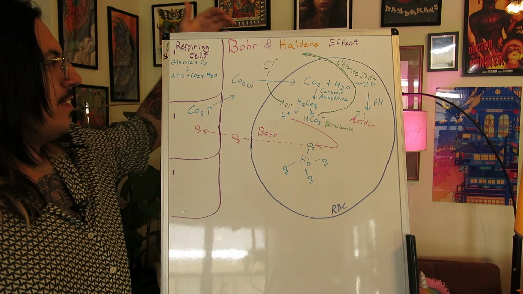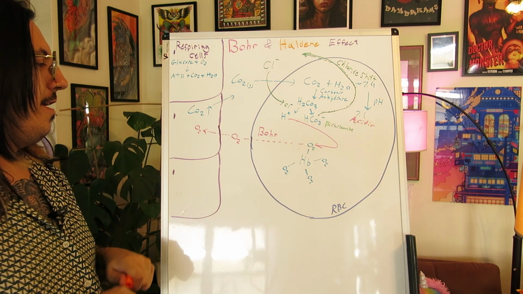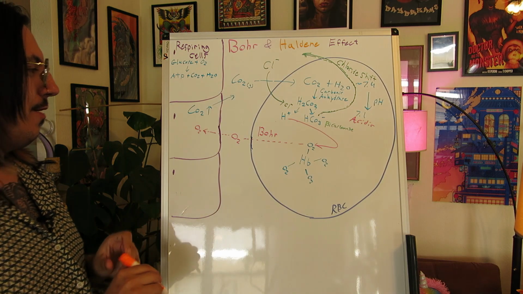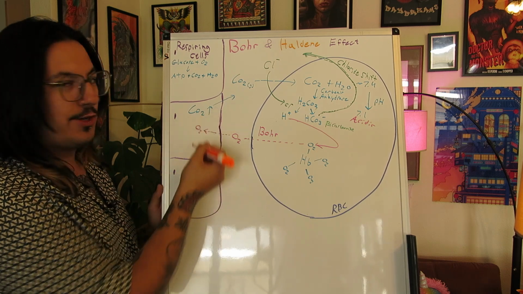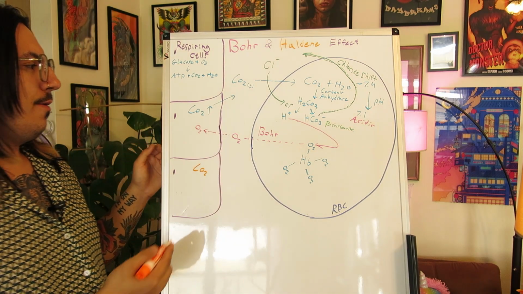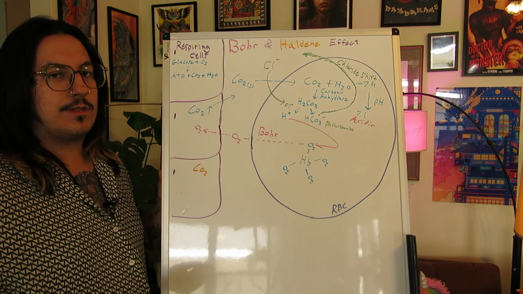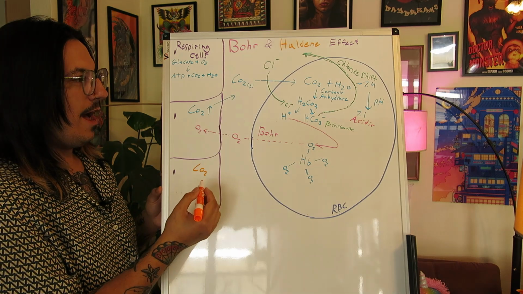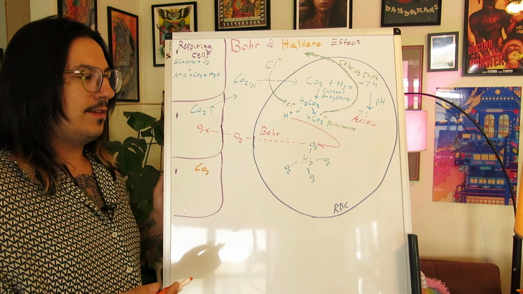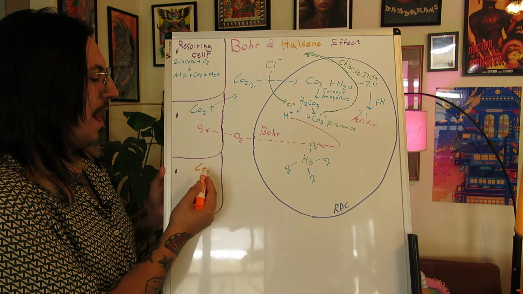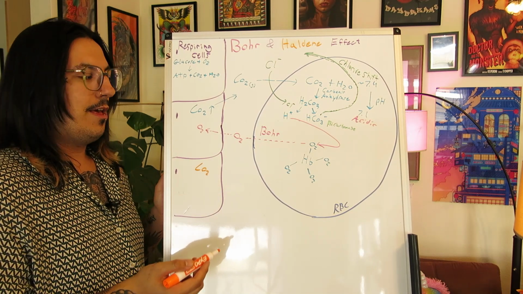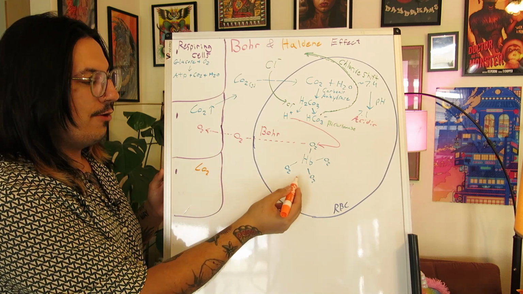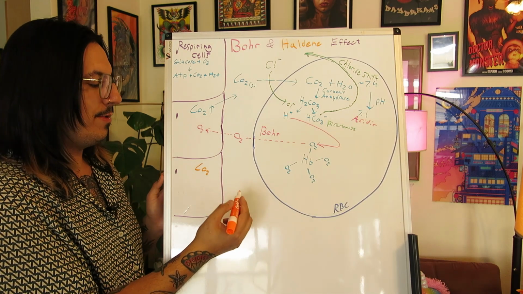Now, for the Haldane effect. We have our concentration of CO2 over here. Without going through all these steps, the Haldane effect states that the higher the concentration of CO2 present, the more O2 is going to be kicked off of hemoglobin.